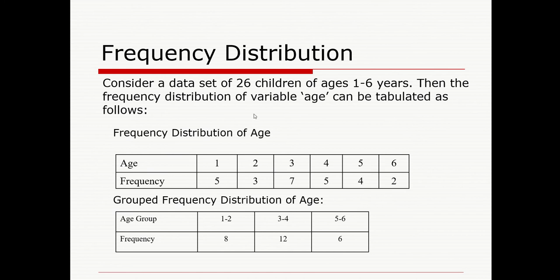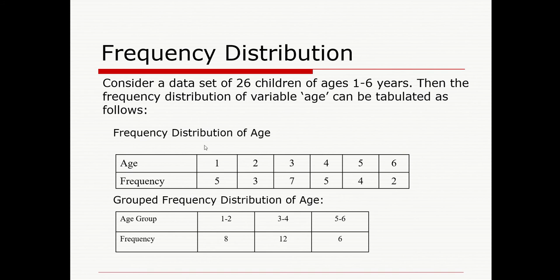Let us say that we have a set of 26 students, and the frequency means the number of children with the age of 1, number of children with the age of 2, number of children with the age of 3, number of children with the age of 4, number of children with the age of 5, number of children with the age of 6, and these are the frequency numbers.